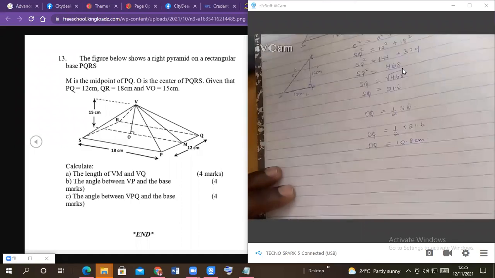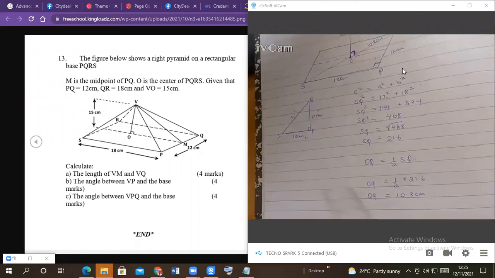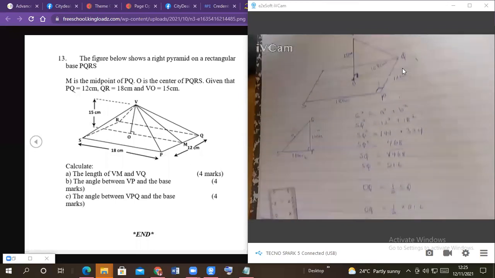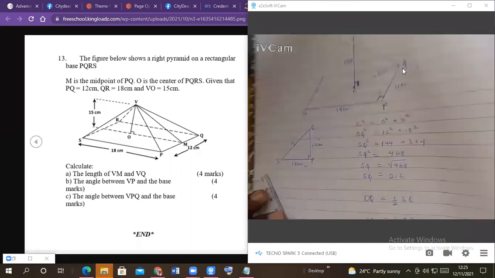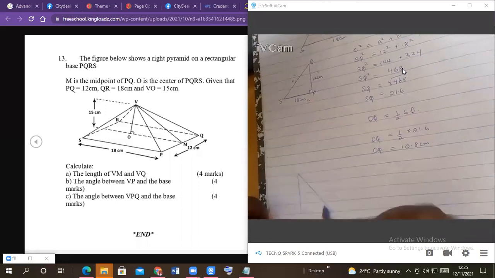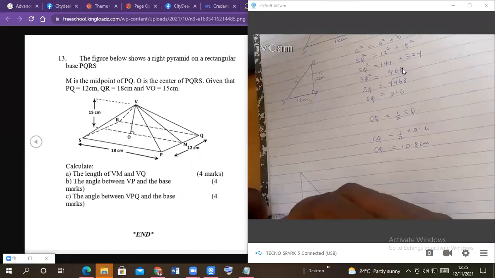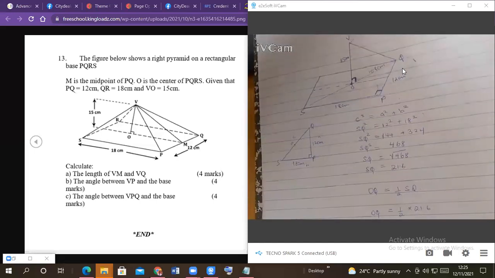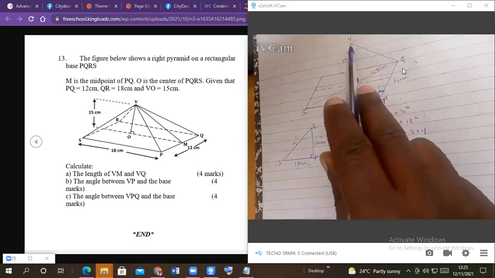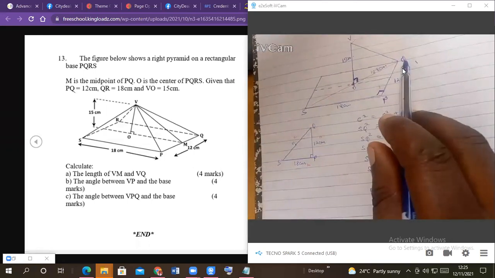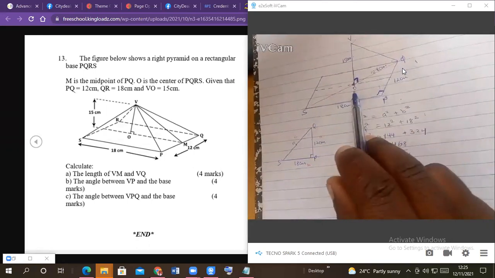So I'll come and draw this triangle here. Sorry, you're not seeing, but I can show you. So you ask yourself, where is 90 degrees on VOQ? 90 degrees is at point O.